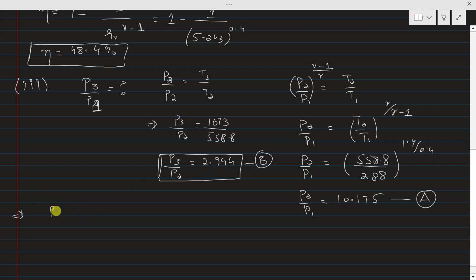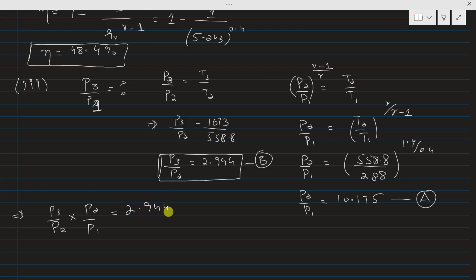So P3 divided by P2 multiplied by P2 divided by P1 is equal to 2.994 multiplied by 10.175. So this P2 will be cancelled out.